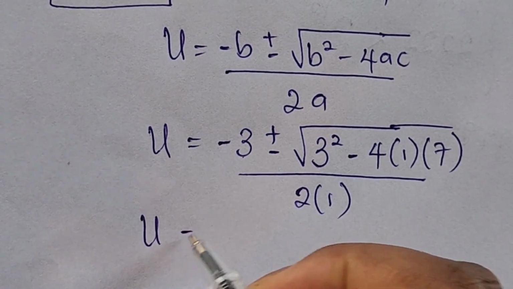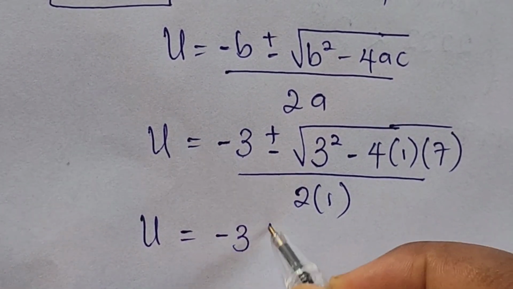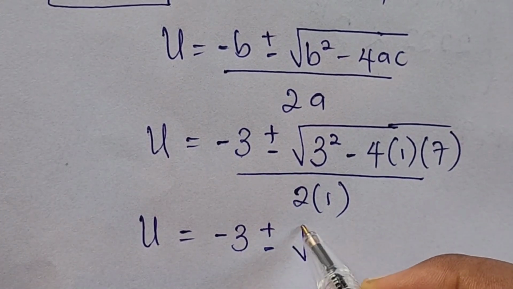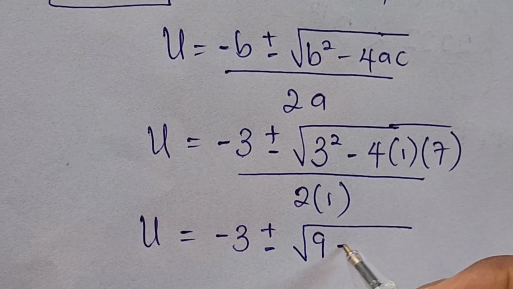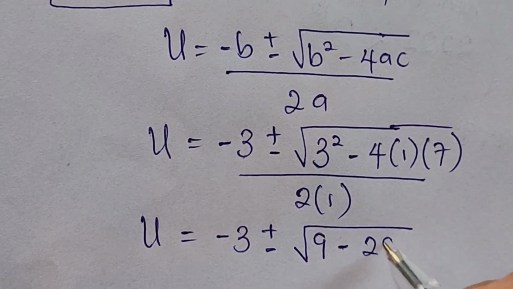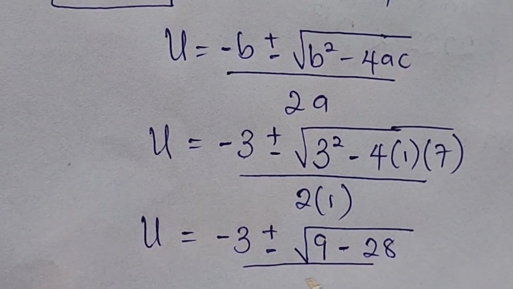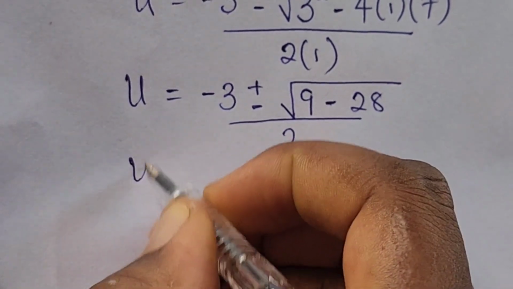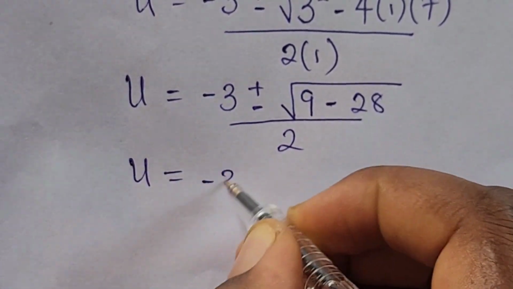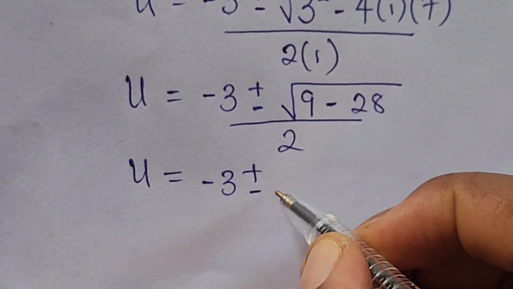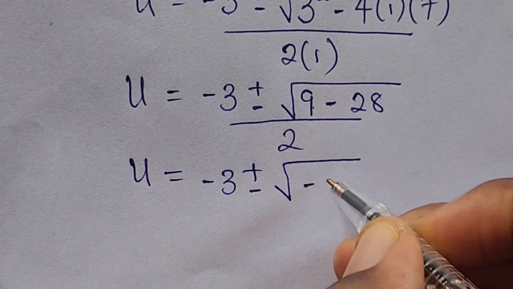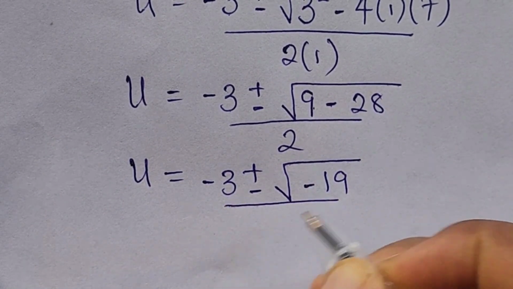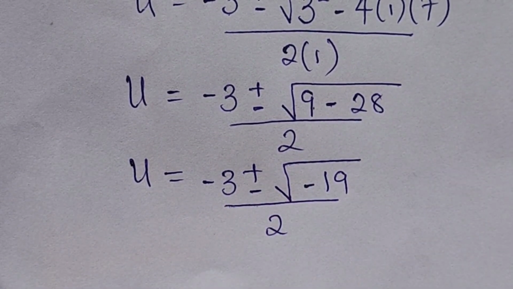So our u is equal to minus 3 plus or minus 3 to the power of 2, we have 9 minus 28, all over 2. So our u is equal to minus 3 plus or minus 9 minus 28. We have negative 19 all over 2.